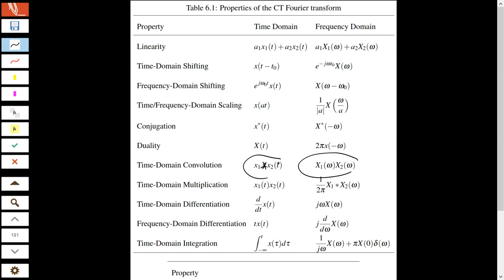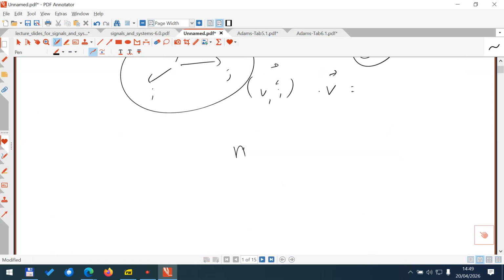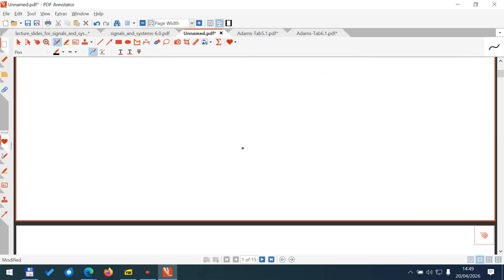This is exactly another way of looking at something you already know. I just showed you something a while ago. What was special about the exponential?